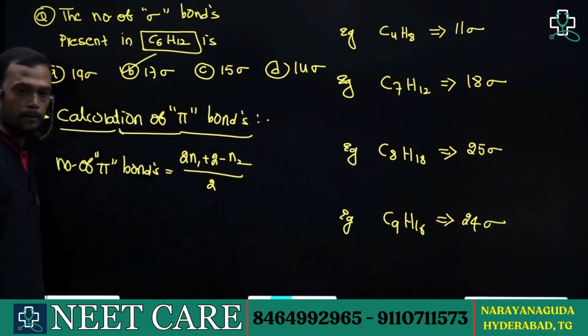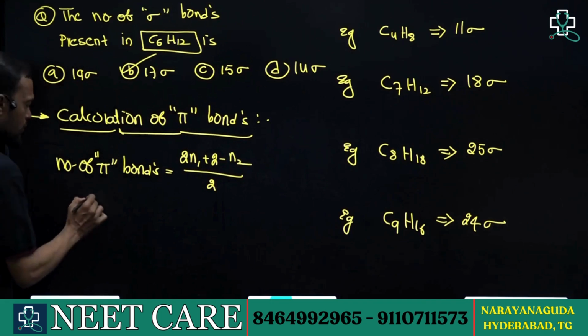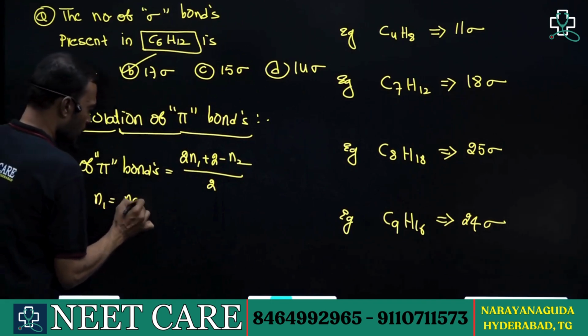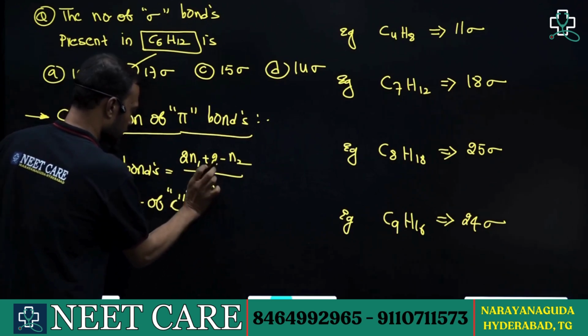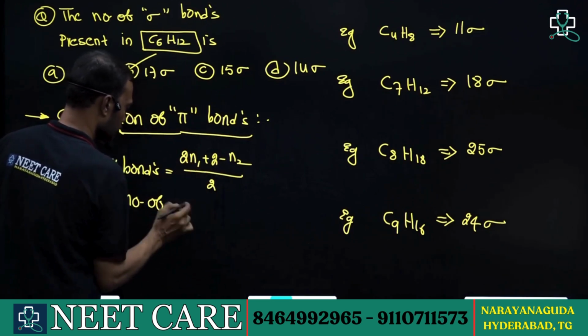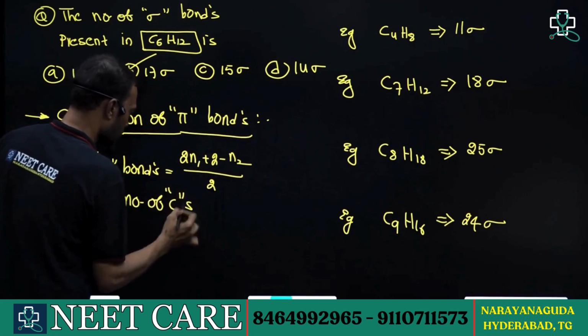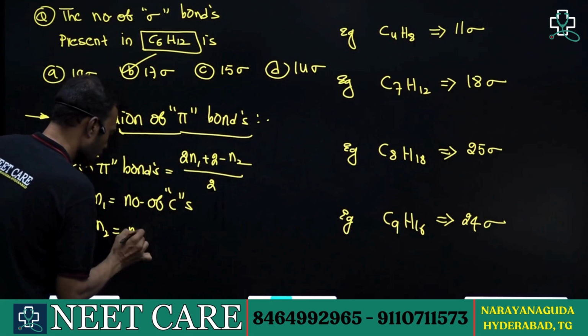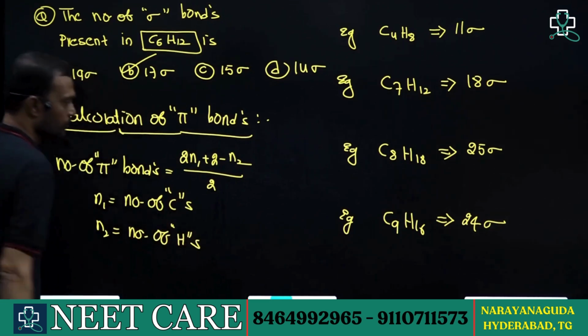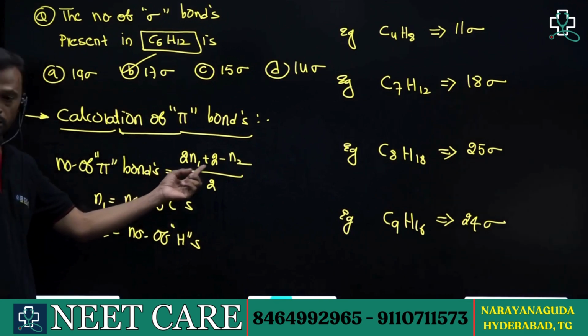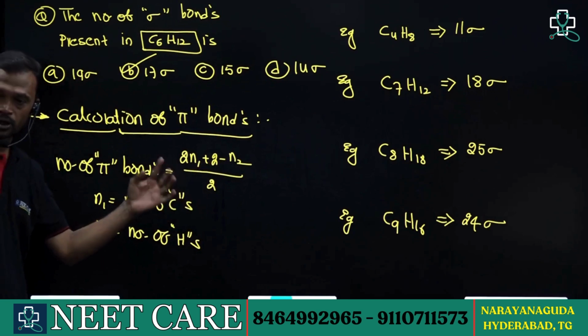Here n1 indicates the number of carbons, n2 indicates the number of hydrogens.